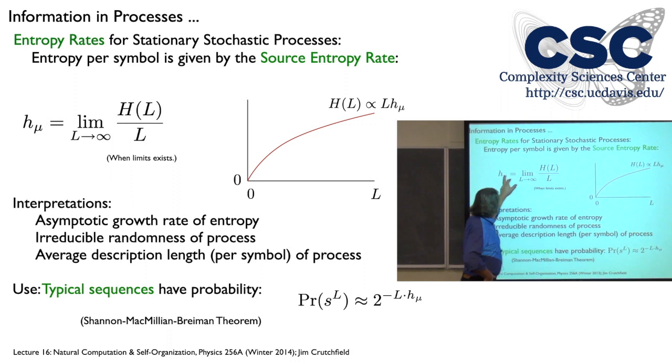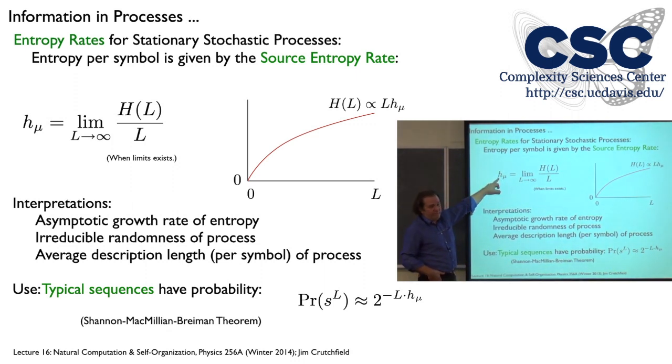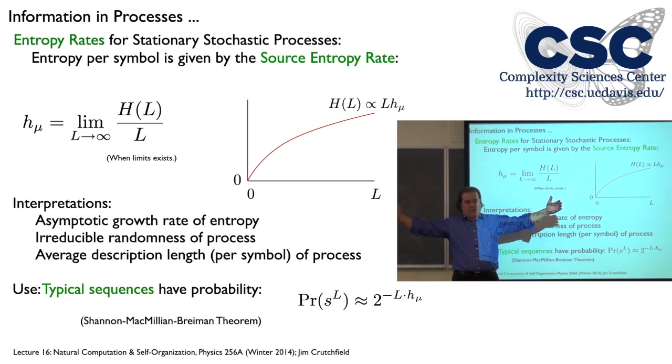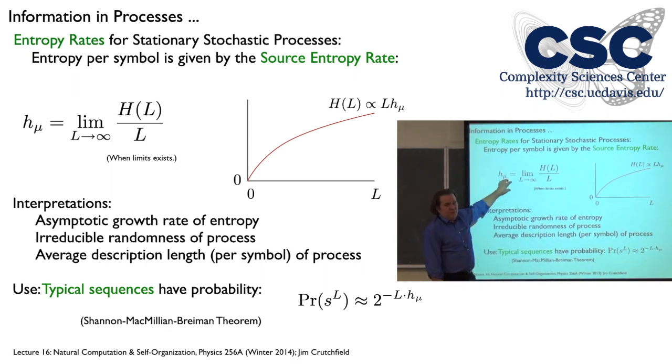And that's called the source entropy rate, H mu. So again, the difference here is that the way the idea was introduced, it was really assuming an IID sampling process. Here we can't do that. We have to look at longer and longer words. And then we characterize how random the source is by this entropy rate, and it has units of bits per symbol.